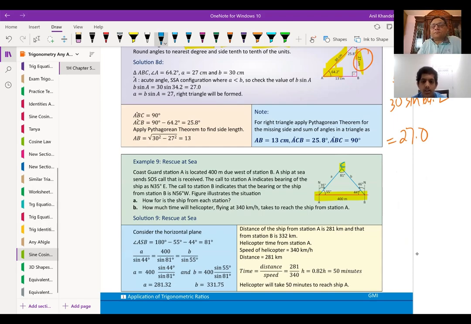The call to Station B indicates that the bearing of the ship from Station B is north 56 degrees west. The figure illustrates the situation. A. How far is the ship from each station? B. How much time will a helicopter flying at 340 kilometers per hour take to reach the ship from Station A?